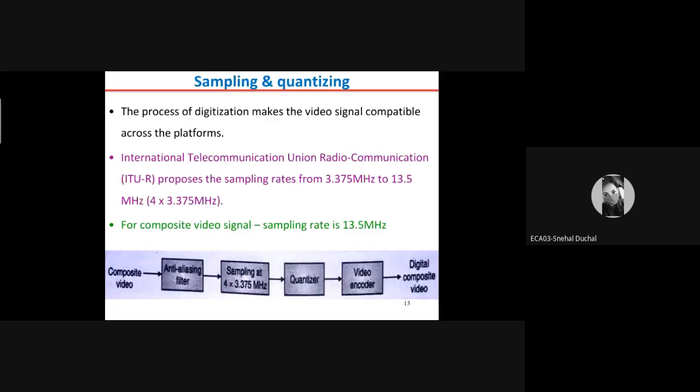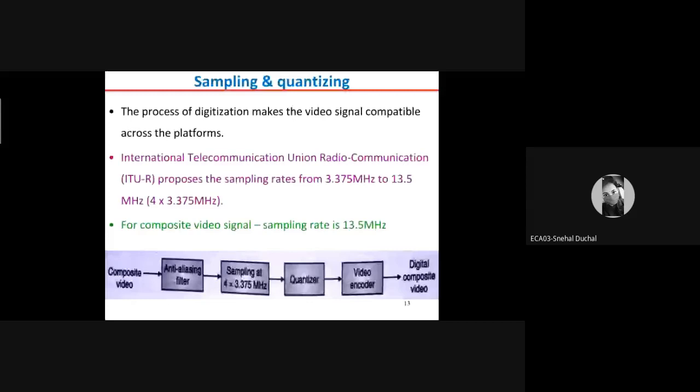So in that format, we can use sampling and quantization techniques. Why can we use sampling and quantization? In order to sample the various frames, we have to use a particular sampling rate.